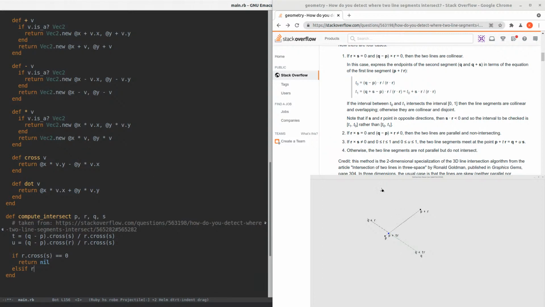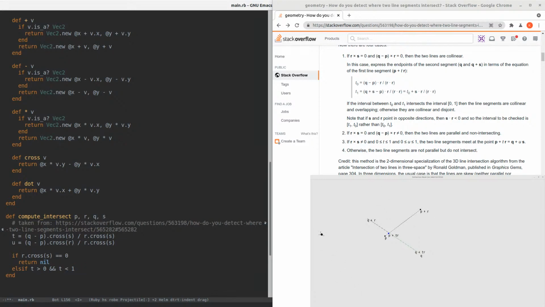We don't need to check for this because we've already checked for that. So if t is less than 1 and t is greater than 0, we'll flip that around. Less than 1.